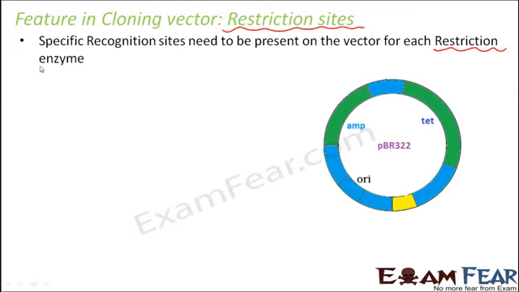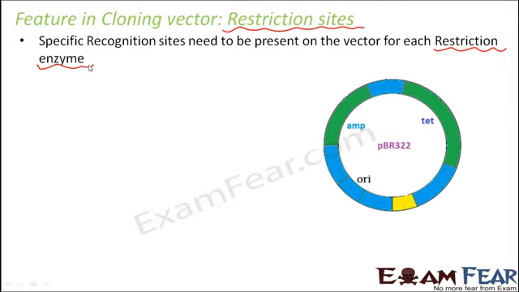Each restriction enzyme has a specific sequence which it recognizes, right? So if you talk about different enzymes like BamHI, SalI, EcoRI, PvuII, PstI, PvuI.